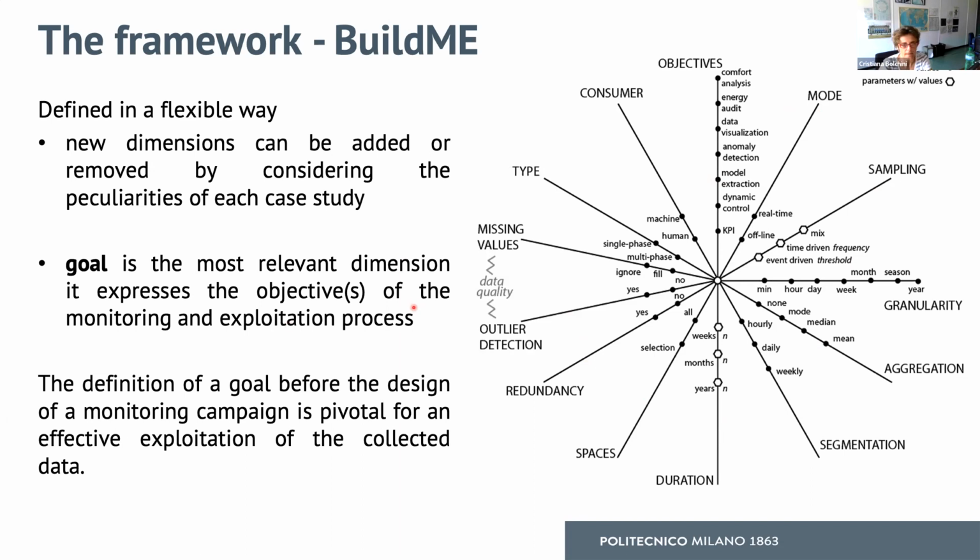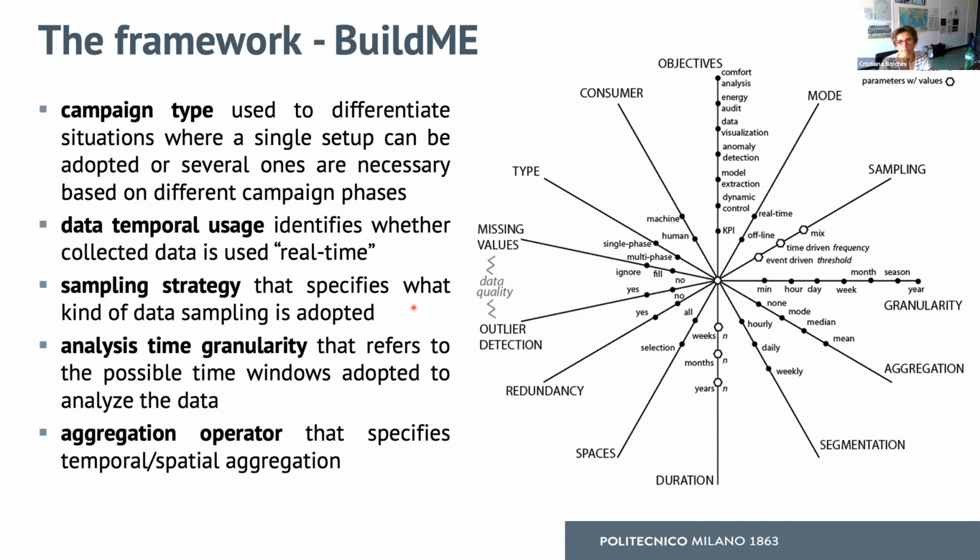If we look at these dimensions, let me mention some of them. First of all, the kind of campaign, which is used to differentiate situations where we have a single setup, because we put a single setup that's going to be there forever until we end our data collection.